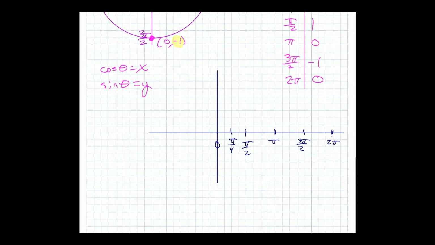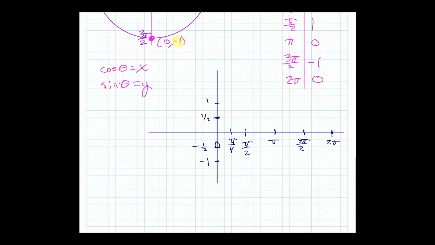Now I need some scale for the y. Let's just say 2 boxes is 1/2. 2 more boxes, that's 1. Then down this way, 1/2 negative, and 2 more, -1.